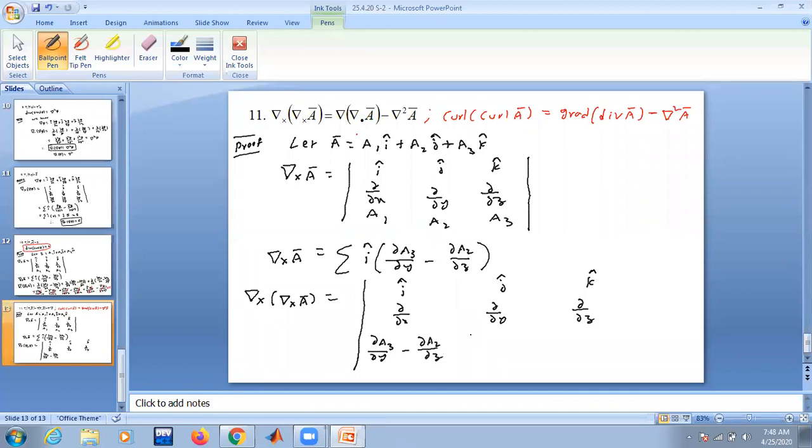The second component is dou a1 by dou z minus dou a3 by dou x. The third component is dou a2 by dou x minus dou a1 by dou y. Is that okay? Now you apply sigma notation again.